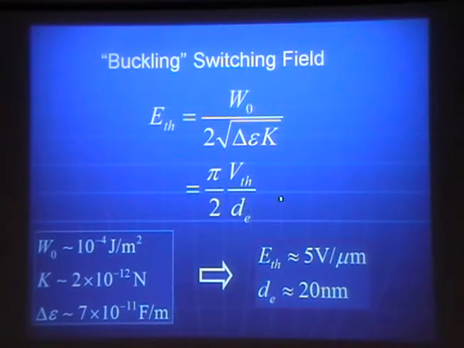The role played by cell thickness in the case of an ordinary planar cell is now taken over by the extrapolation length, d_E. So if you multiply the extrapolation length d_E with the threshold electric field, you always have the constant threshold voltage.